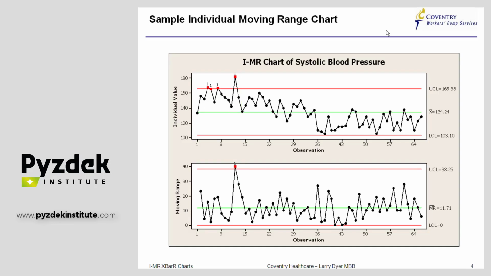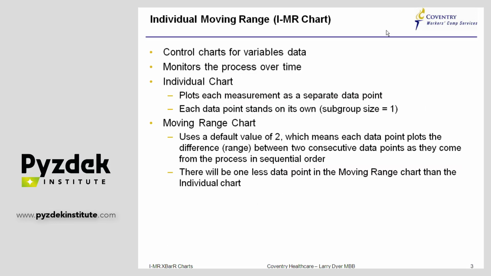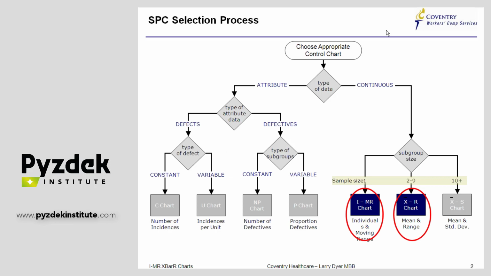It's that decision tree. If you look at that decision tree, it says that you have attribute data on the left and continuous data on the right. But we often use the individuals chart for attribute data, and I just wanted to comment that you can do that.